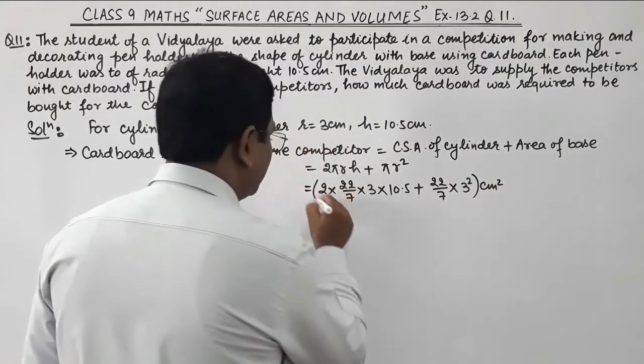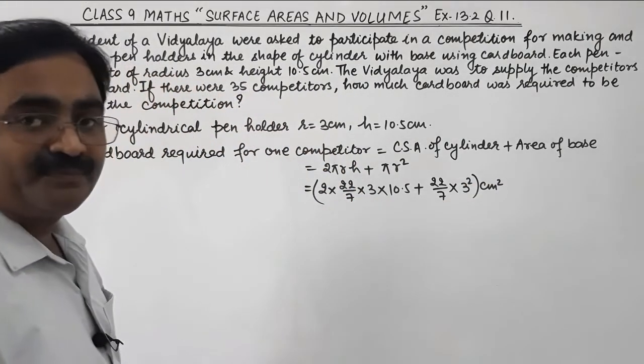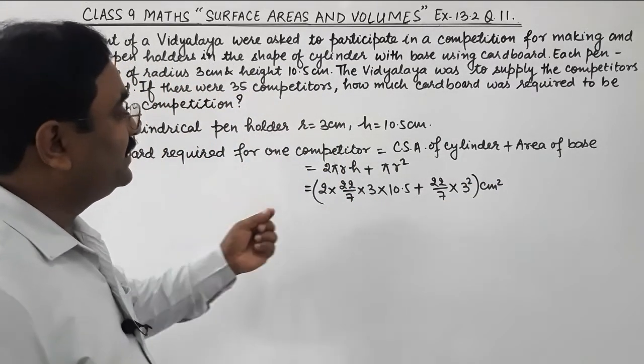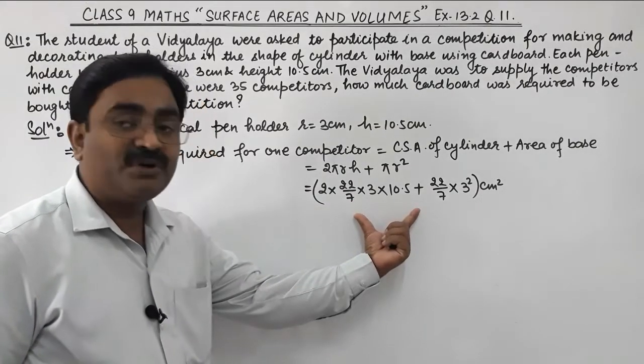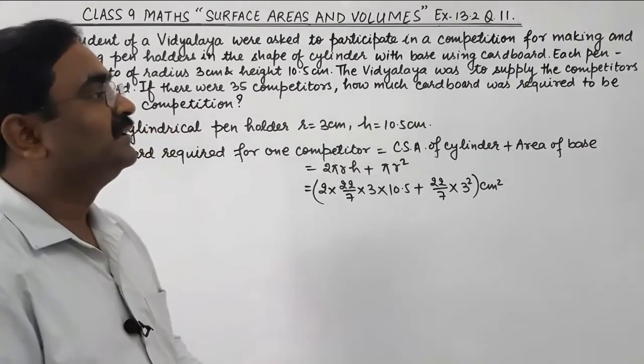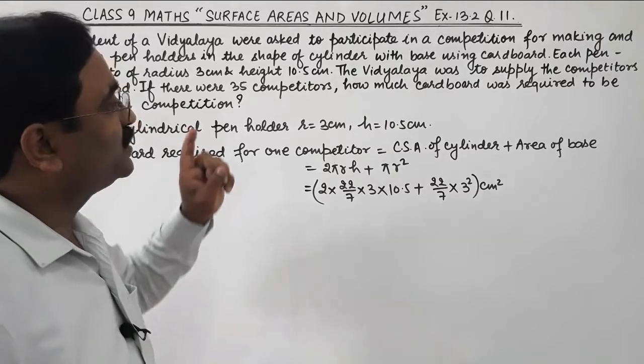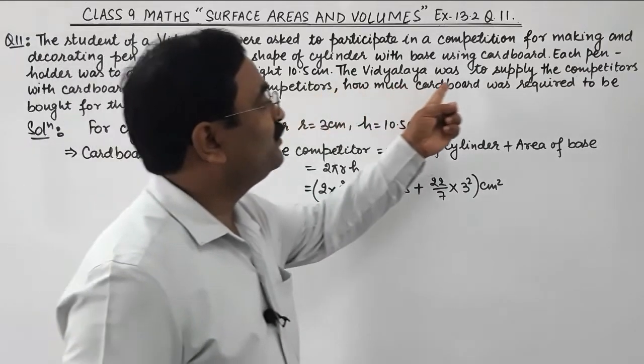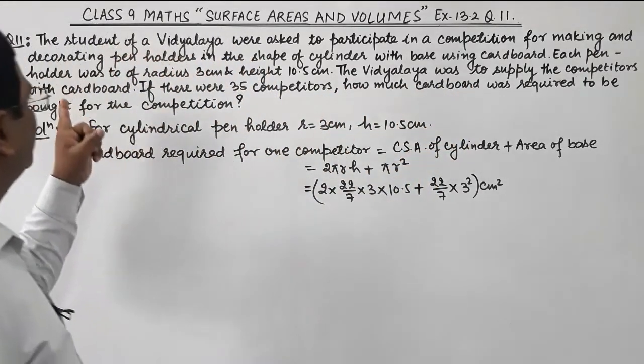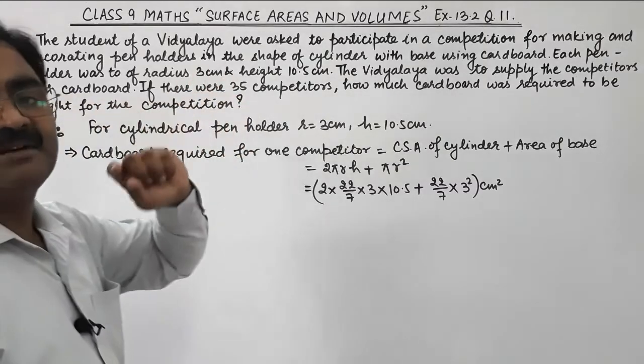Okay friends, now this is the area of cardboard required for one competitor. As the question asks, the Vidyalaya was going to supply cardboard for 35 competitors.